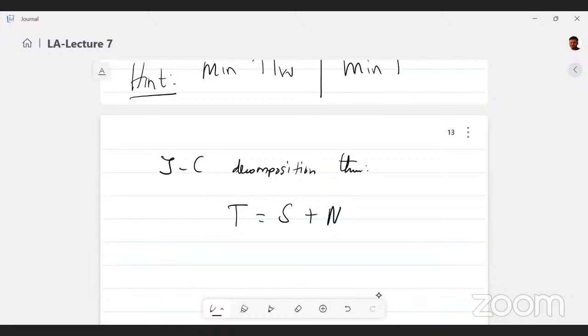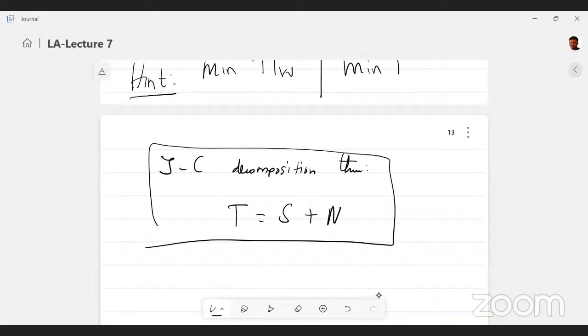Once those specific properties are satisfied, this decomposition will be unique. This is something you can prove as a consequence of the primary decomposition theorem.